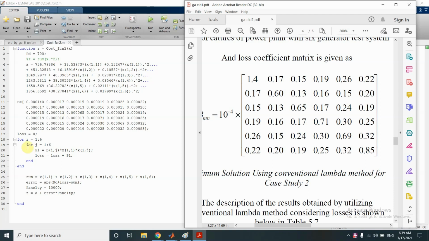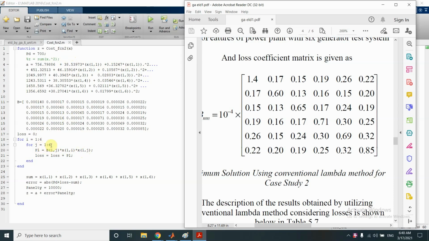So here we are using nested for loops. For i is equal to 1 to 6, then for j is equal to 1 to 6. When i is equal to 1, we run j from 1 to 6. So for i equal to 1, first we take this element, we multiply this element with pg1 and pg1, that is x1 and x1, first element of the vector passed into this function.